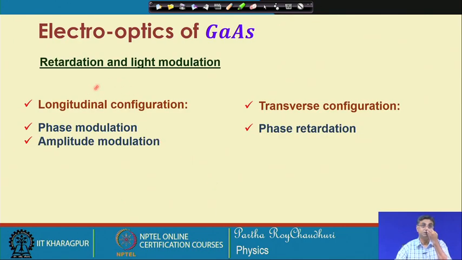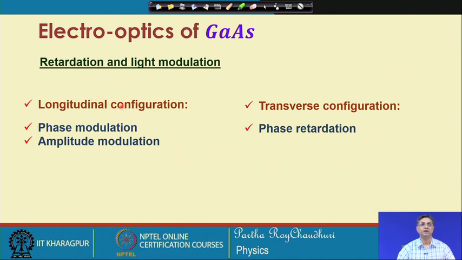So for this system, the retardation and light modulation can be subdivided into two different ways of looking at it. The configuration is longitudinal, that is when the electric field and the light which has to be modulated are travelling in the same direction through the medium.